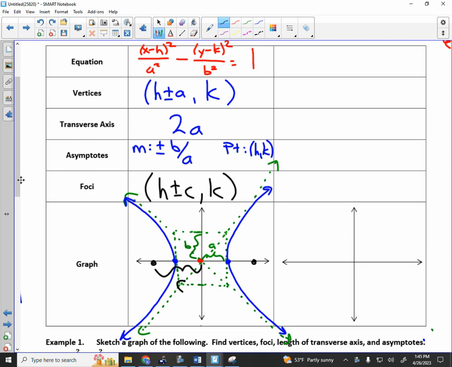Now you need to know how to find c. Anybody want to take a guess? Yesterday it was minus, wasn't it? Today it's a plus. There you go. Piece of cake, upside down.